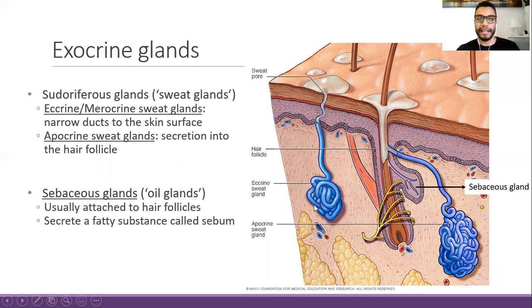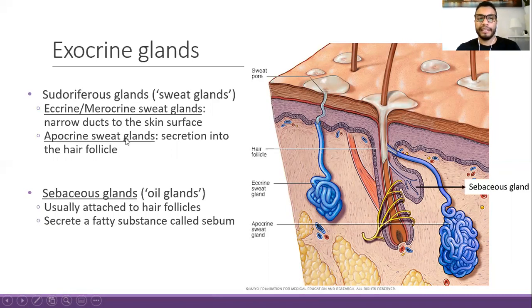So this is an example of an eccrine or merocrine sweat gland. They secrete water, the sweat, through the sweat pores. We have pores in our skin, and they directly secrete the sweat on the outside of the skin.